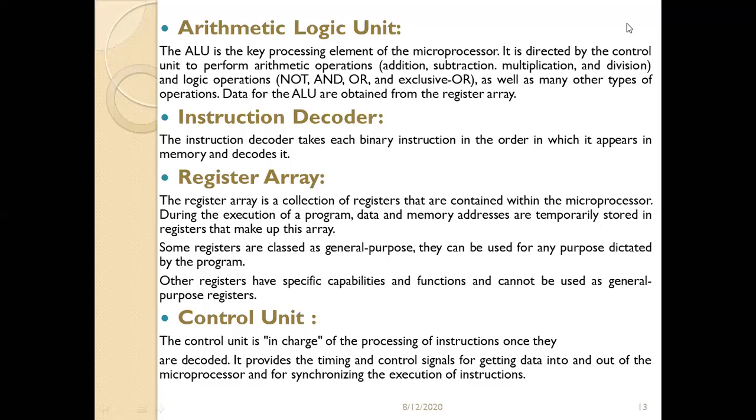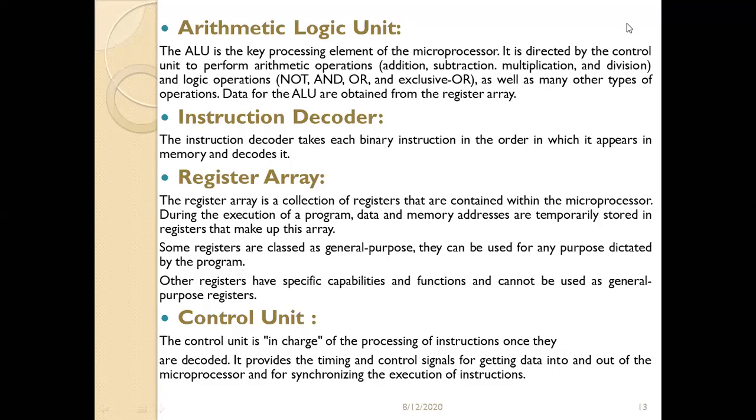But first the instruction would be decoded, because the instruction is in such a form that the microprocessor does not know what it is saying. There is an instruction decoder inside the microprocessor which will decode this instruction, and then the decoded form is sent to the control unit, and the control unit performs the operation on that.